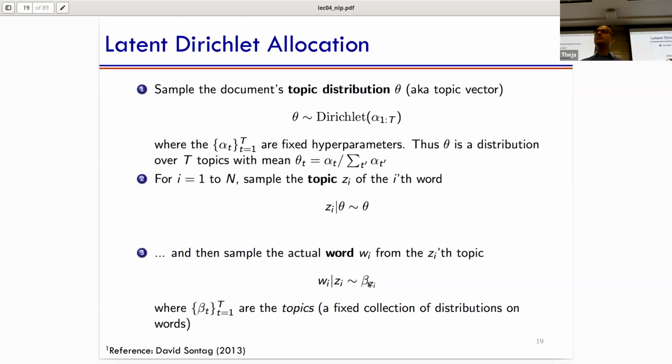There are three topics: weather, sports, and finance. Under each topic there's a distribution over all words in the dictionary. For example, if it's sports, then the sports words will have higher probability mass, and other words will have low probability mass. Similarly, under weather, the weather-related words will have high probability mass, and everybody else will have low probability mass.